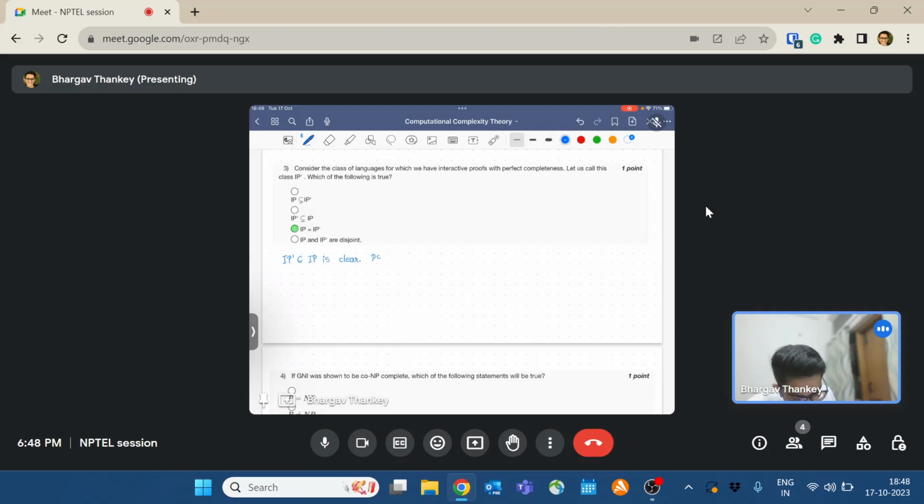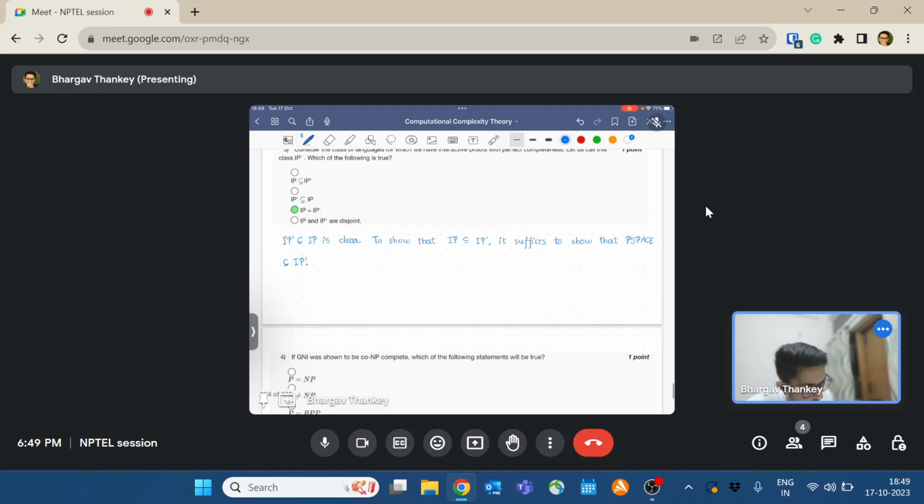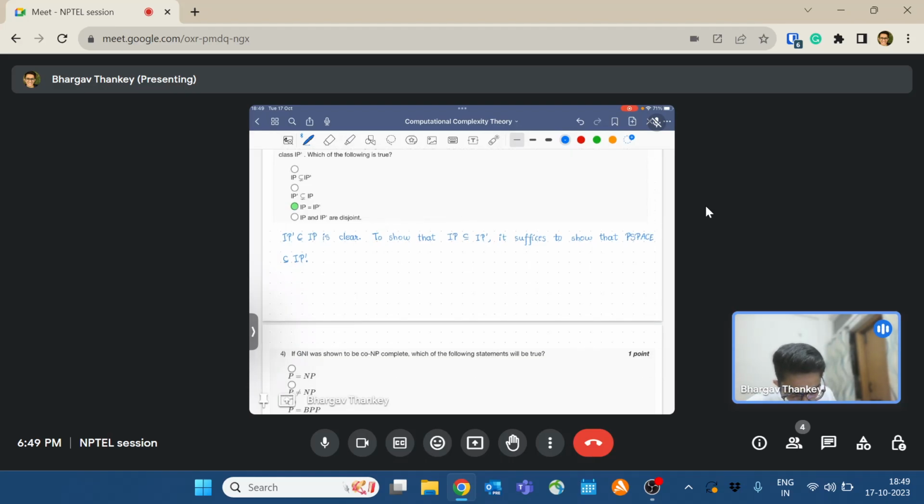Okay. So we know that PSPACE, to show that IP is contained in IP prime, it suffices to show that PSPACE is in IP prime. And the proof of this uses a sum check protocol, just like the proof that #3SAT has an interactive proof.